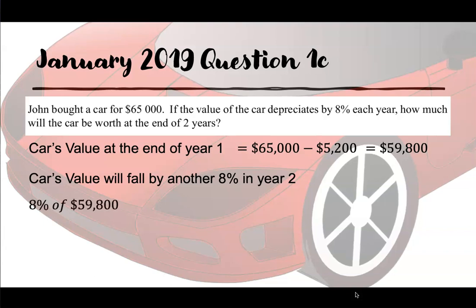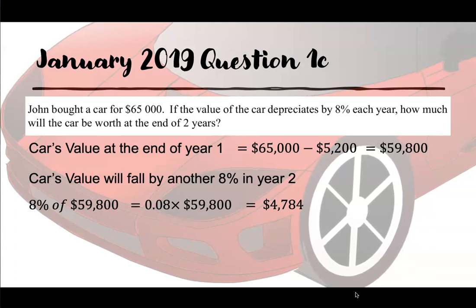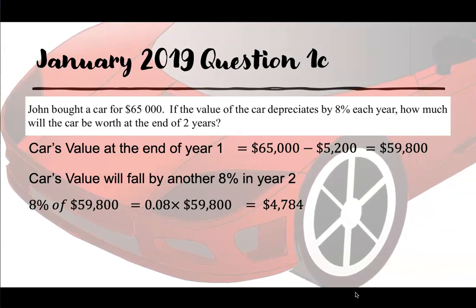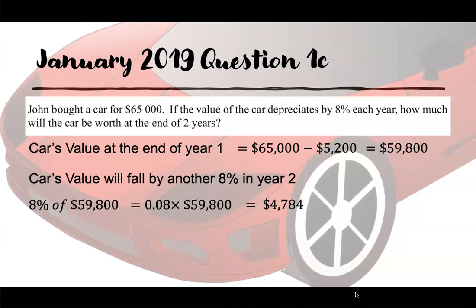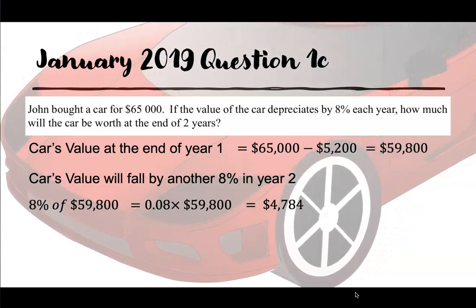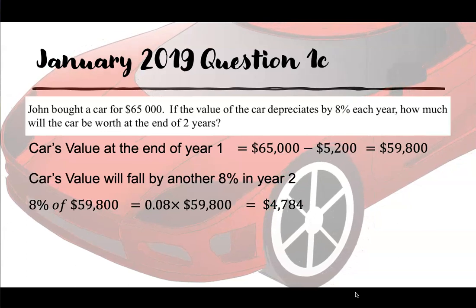So we can say 8% of $59,800 is basically 0.08 times 59,800, which gives us 4,784. So the value will fall by 4,784 in the second year.